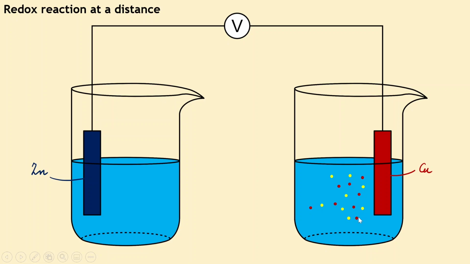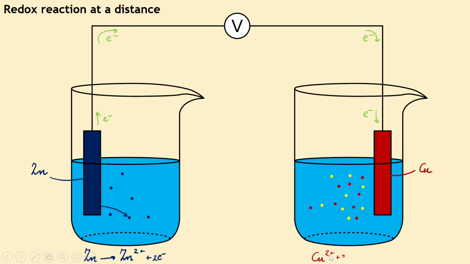And what will happen is that the zinc will be oxidized and it will donate its electrons. These electrons are needed on the right hand side. The zinc 2+ ions will go into solution, and the electrons will go through the copper wire to the right hand side, where the copper ions in solution will accept these electrons.